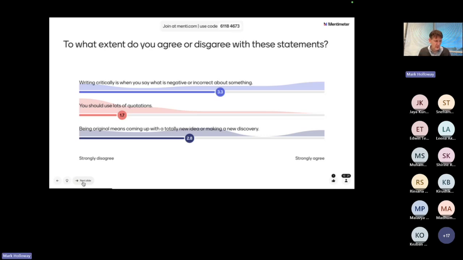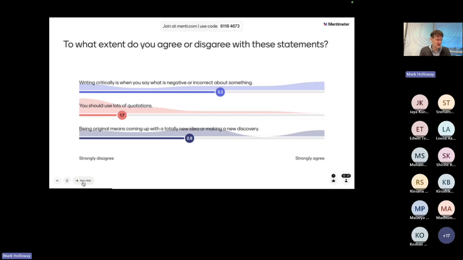You should use lots of quotations. No, most people think that this is a bad idea. I don't think there's anything wrong with quotations when you've found a really interesting expression or way of saying something, and you want to tell your reader, so this author says, and you want to quote it exactly and maybe comment on what they've said and how they've said it.